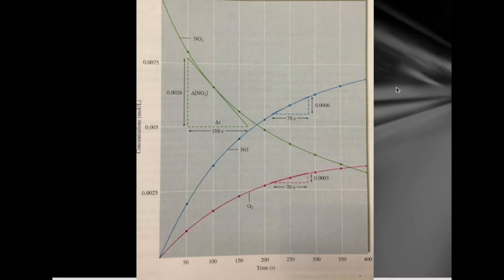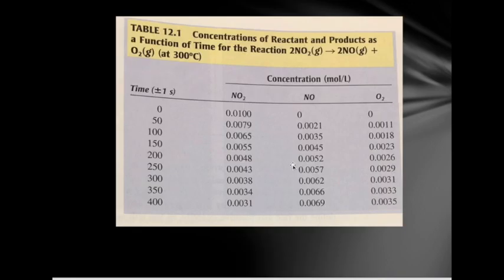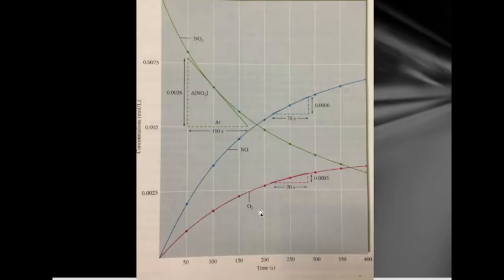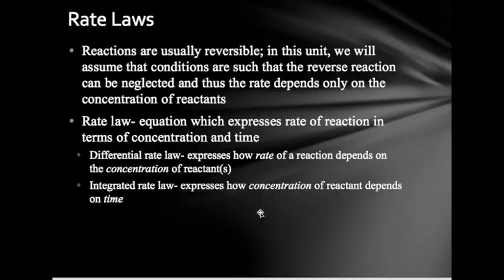The rate of change for NO from NO's perspective was double the rate of change of O2's perspective because NO had a coefficient of 2 and O2 only had a coefficient of 1. For every 2 moles of NO, we only made half as much O2. So it makes sense that that O2 had half the rate.